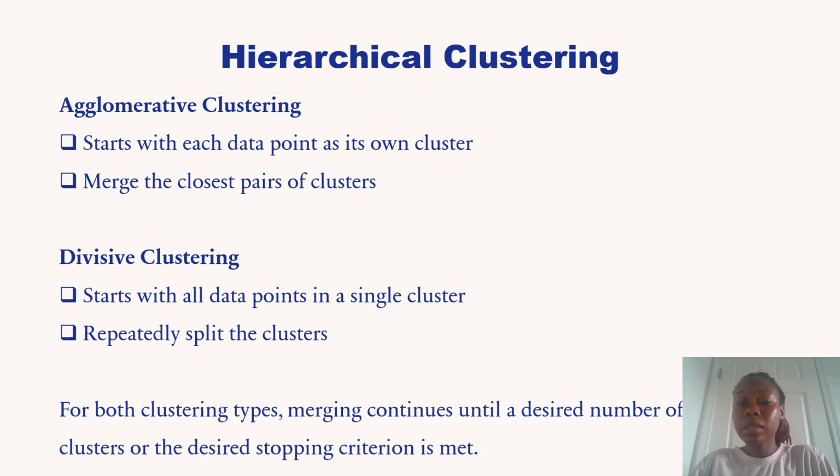For both clustering types, merging or splitting continues until a desired number of clusters or until the desired stopping criterion is met. Now, the agglomerative clustering is the most common type of hierarchical clustering, hence it is the commonly used type of clustering.